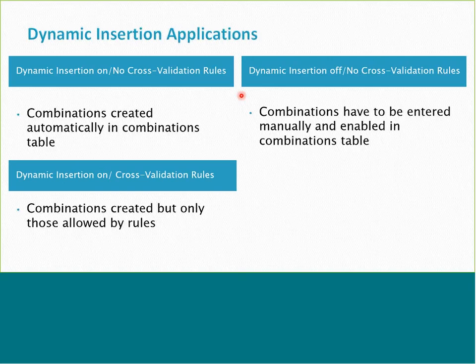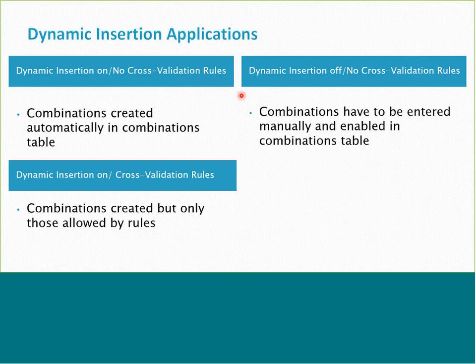If your client has business rules that need to be met, but it is easy to manage the valid and invalid combinations, maybe they don't have that many possible combinations with the set of accounts, you can just turn off dynamic insertion, and then the end user will have somebody who manages the combinations manually by inputting the valid combinations in the combinations table, and anything else that's not in there will not be used.